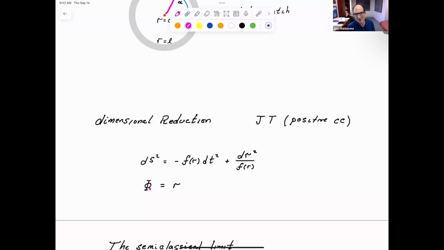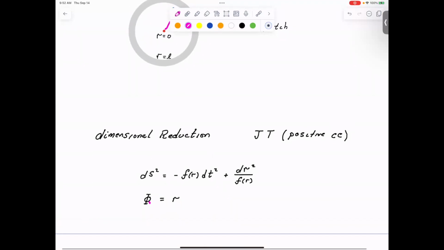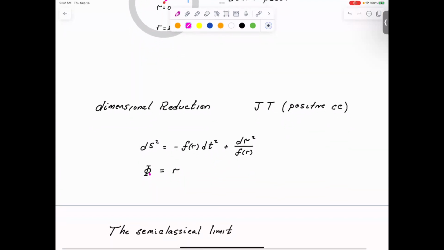Yes, I'm only objecting to the name. It's not a good thing to change names. All right, I'm happy to change the name of it. Do you have a suggestion? We can call it JT gravity with a static patch.